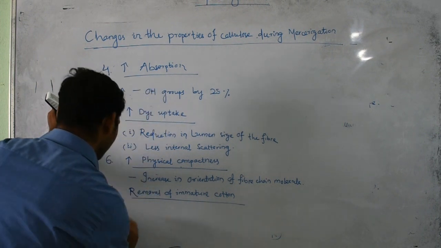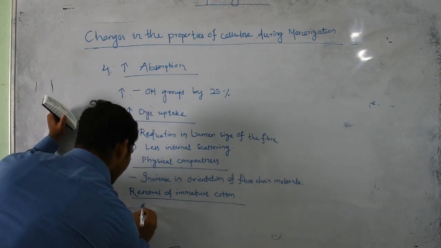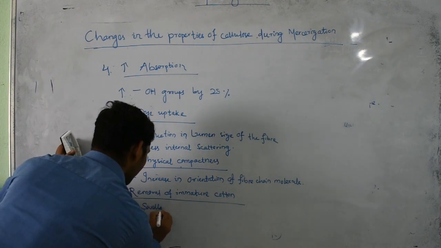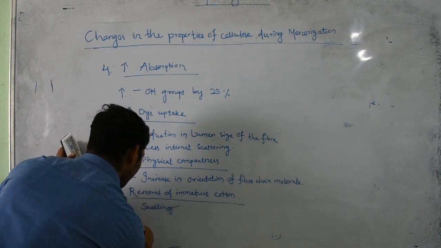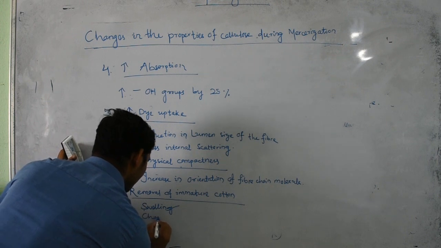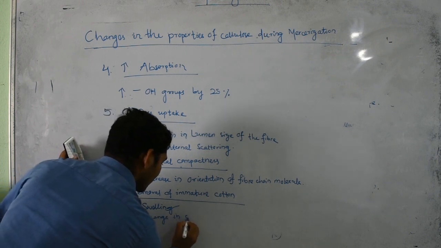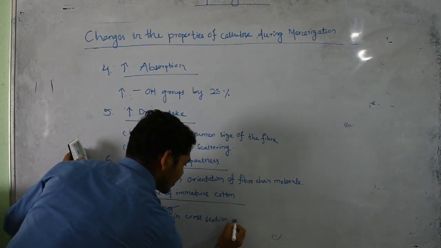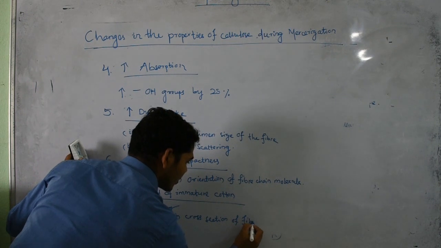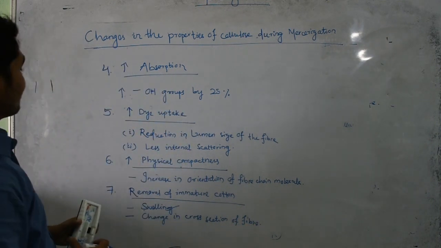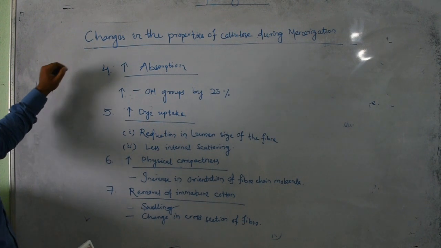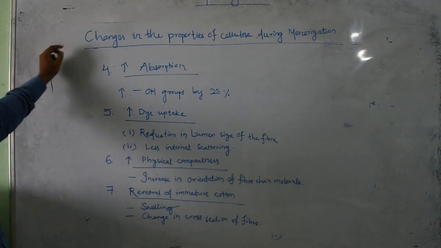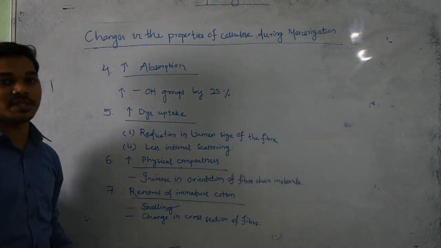And the reason for this is swelling and changing cross section of fiber. So these are the major changes that take place in the properties of cellulose during mercerization.